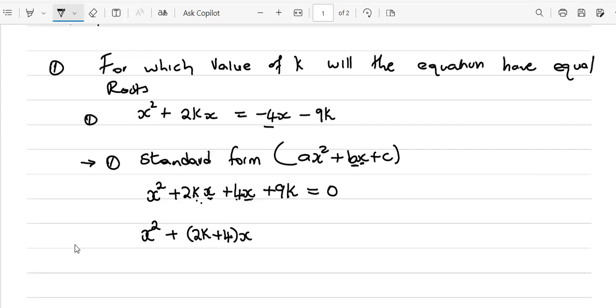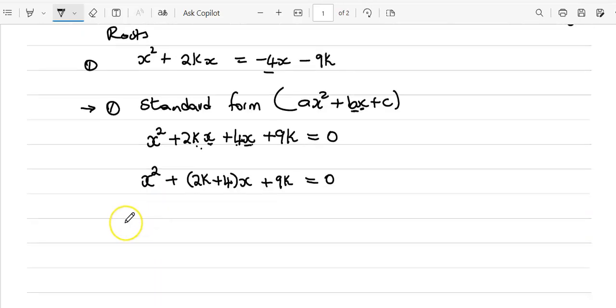After you take out the common factor, you'll have 9k, which is your constant number. Remember that our variable is x, so any number that doesn't have the x, we consider as our constant value. Now we need to determine the value of a, the value of b, and the value of c.